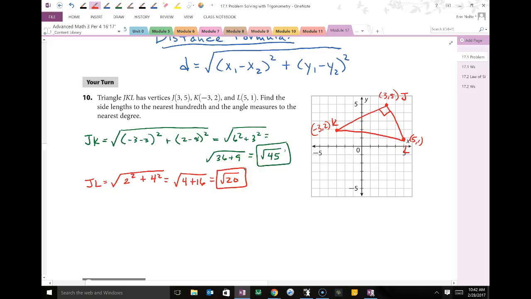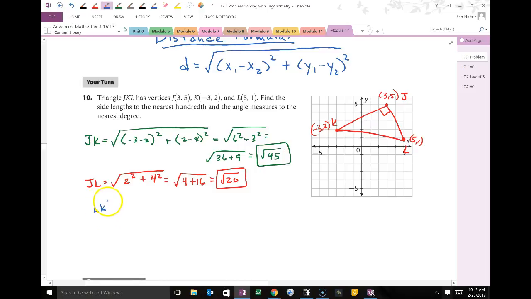How do you want to find the third side? Pythagorean's theorem. Well, wait, we already were doing Pythagorean's theorem. Just kidding, just slightly differently. So our third side is what? LK, and that's your hypotenuse, right?